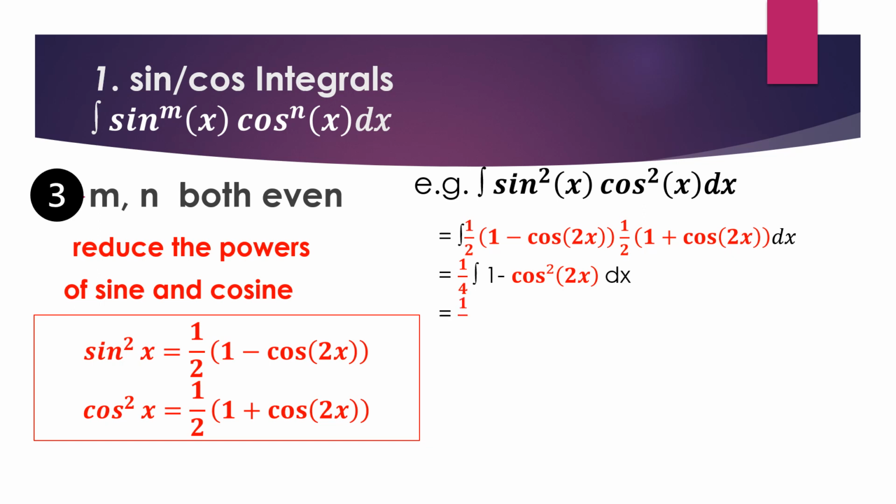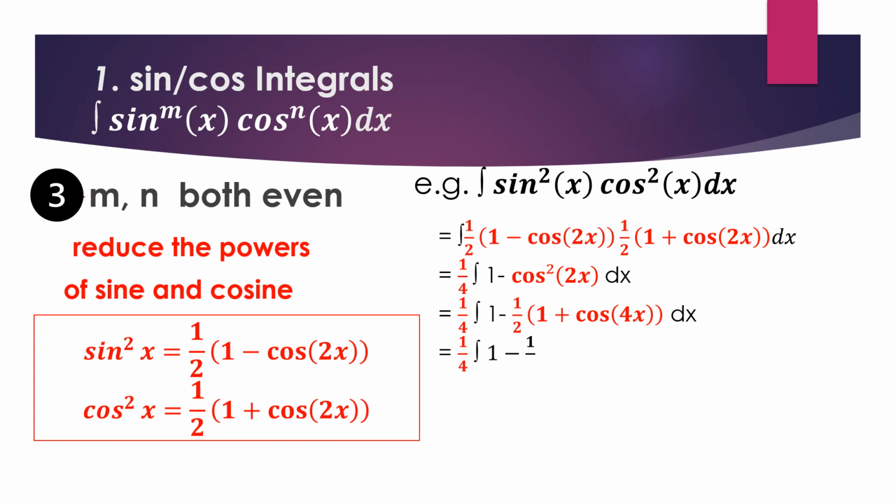We reduce the power again, and then we will have 1/4 integral 1 minus 1/2 times 1 plus cosine 4x.